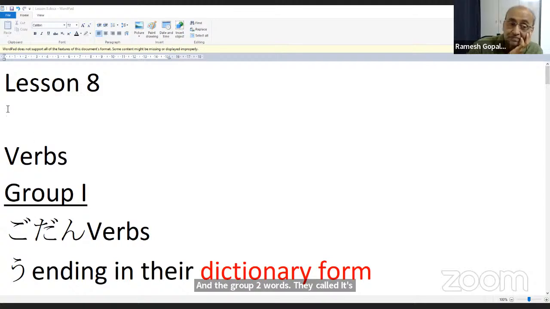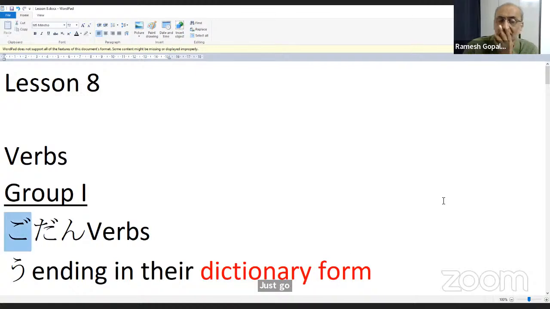Now, this go is 5. Ichi, ni, san, shi, go. Go is 5. Now this dan is step. Dan itself is step.